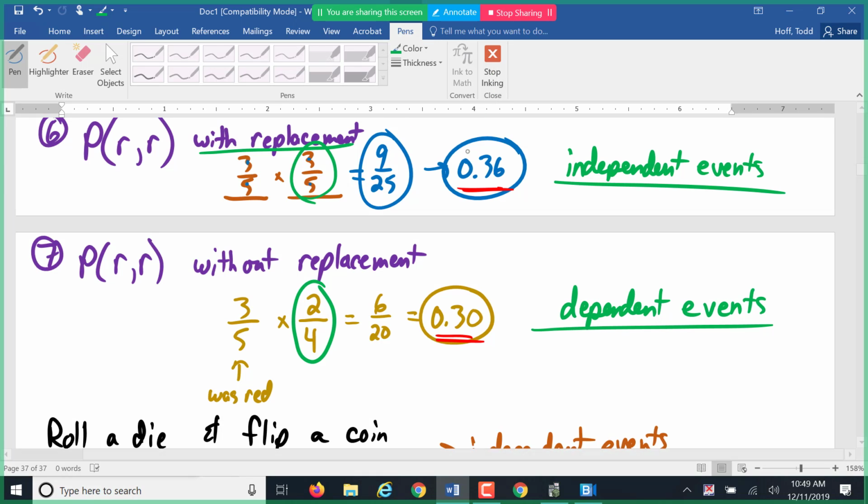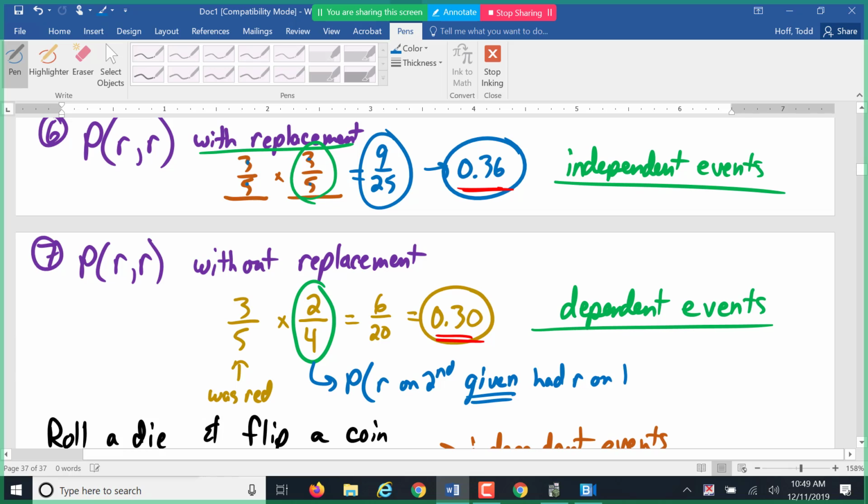Technically, what we are saying here is this is the probability of getting a red marble on the second draw given that we had red on the first draw. Because if the first one wasn't red, that second probability would be much different. But if the first one wasn't red, we don't care because we're not going to get our condition of 2 red.